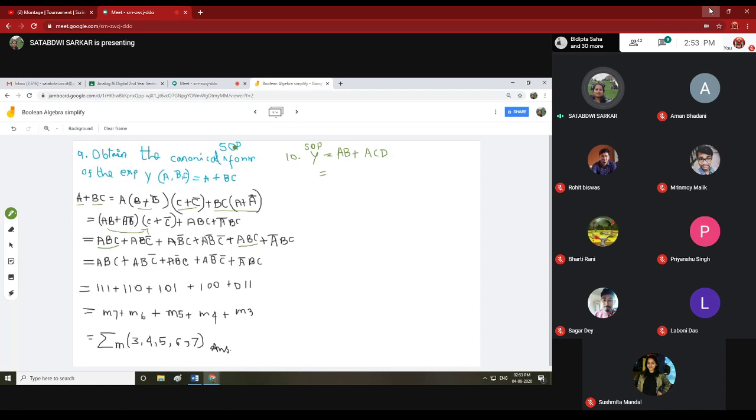Now, who will answer? Sneha, are you there? Sneha, so tell me the SOP, the canonical forms for the SOP. Summation of 11, 12, 13, 14, 15.